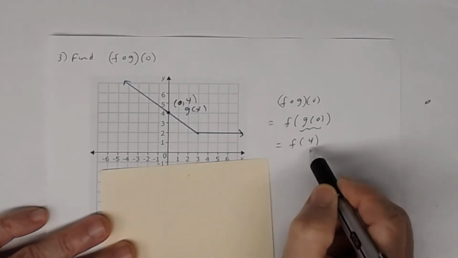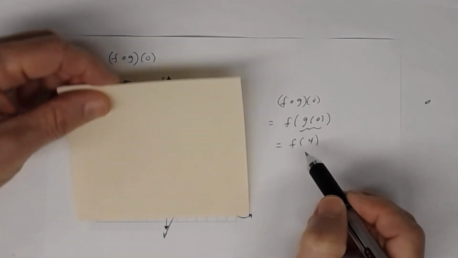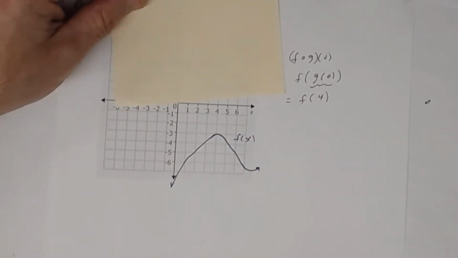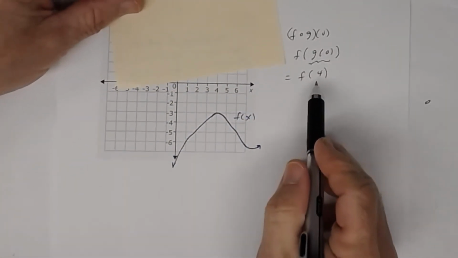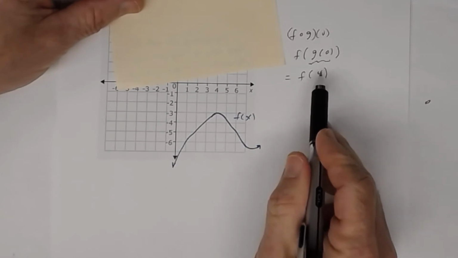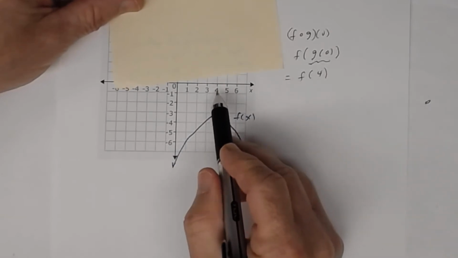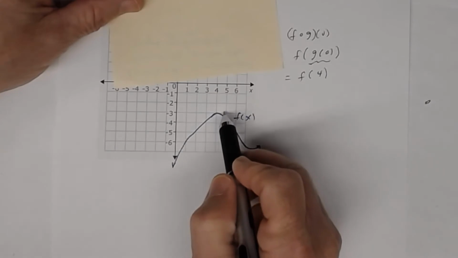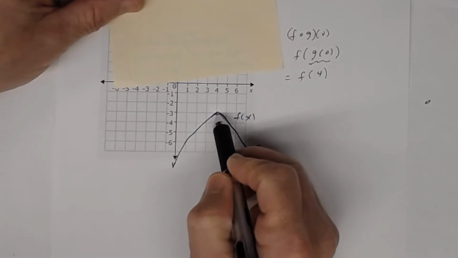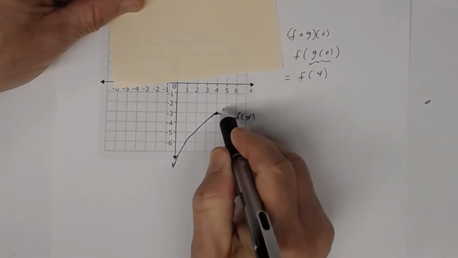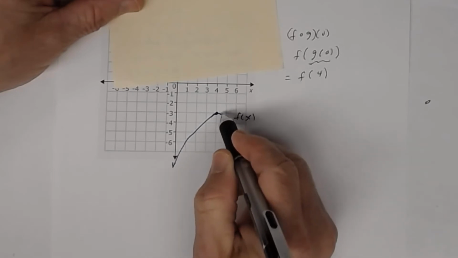Now I go to my function f. Here's my function f, and here's where x is 4, the point corresponding to x equal 4 on this graph of f of x.